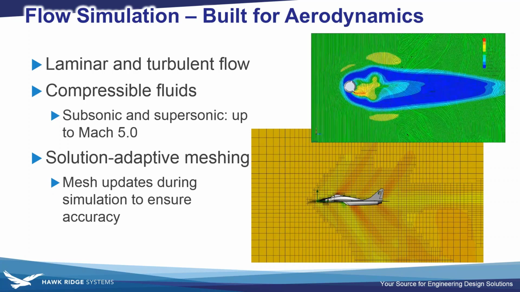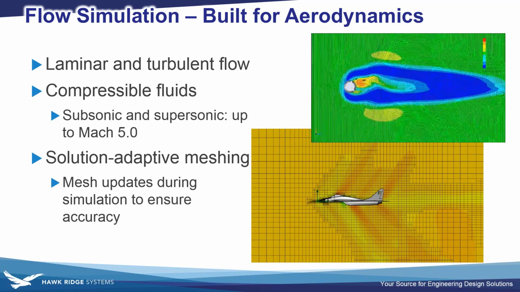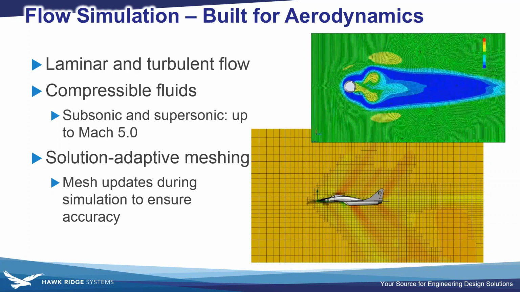If we didn't know in advance where those were going to occur, we would have had to run that simulation with a really fine mesh all over, basically throughout the entire computational domain. Instead, the solution adaptive mesh can see those large pressure gradients developing during the calculation and capture them, basically auto refine itself to capture that better and give you much better downstream results.